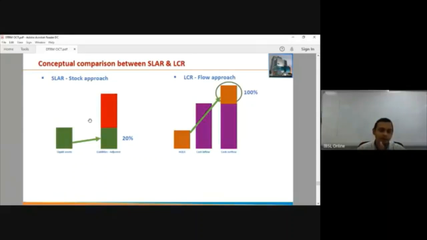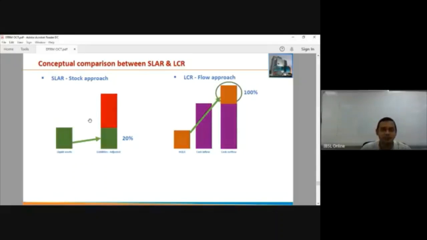Then you can use that 2% excess in the FCBU to cover up the shortfall in the DBU.